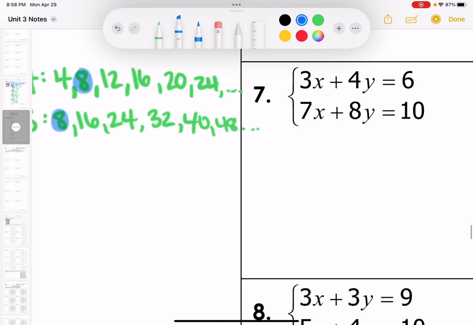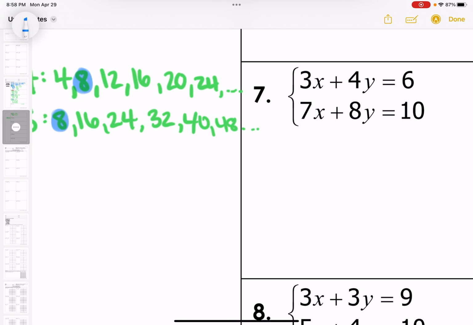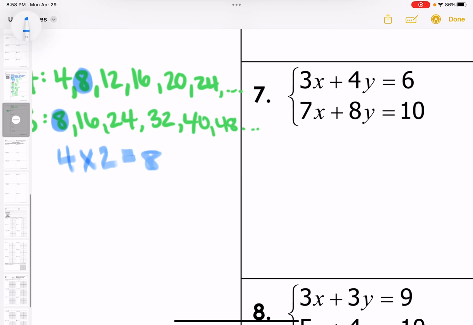So I need to figure out what I have to multiply to these equations so they both have an 8 beside y. My second equation already has an 8, so I don't have to multiply anything to that equation. But I have to figure out what I have to multiply to 4 to get 8, which would be 2, because 4 times 2 is 8.